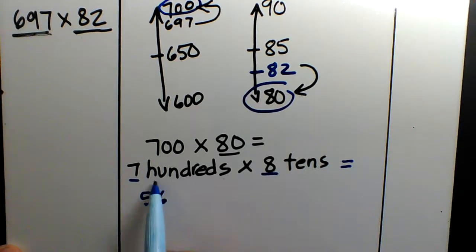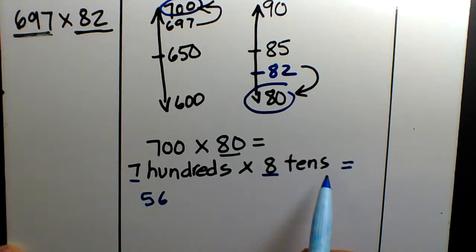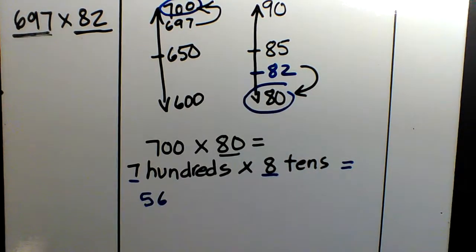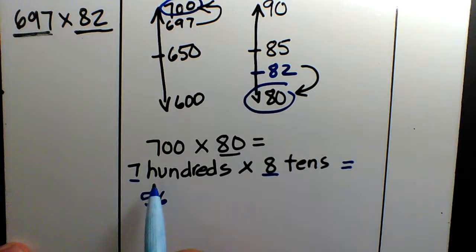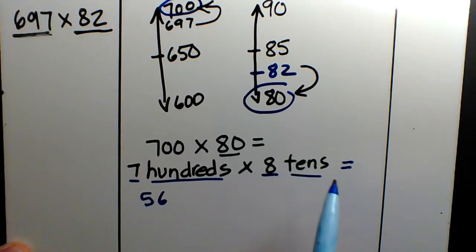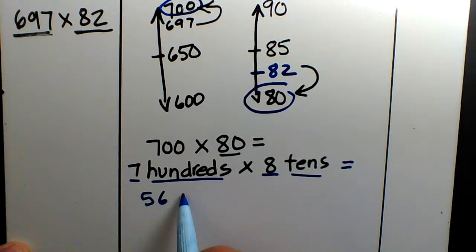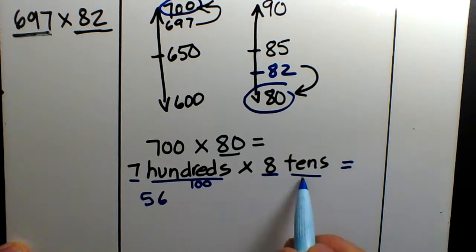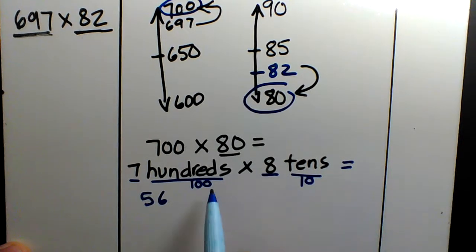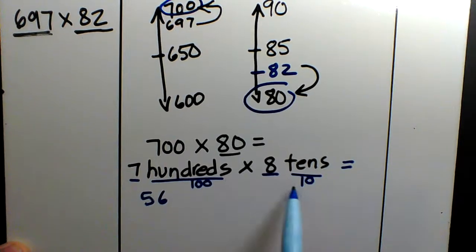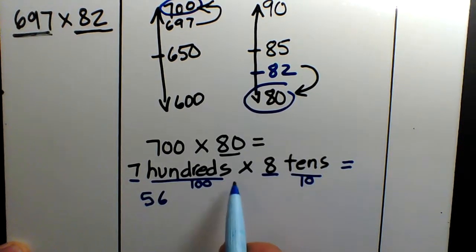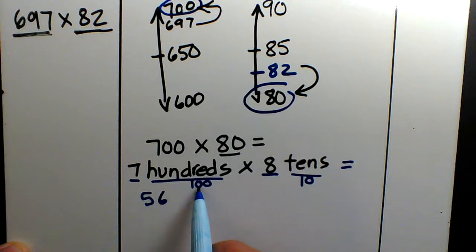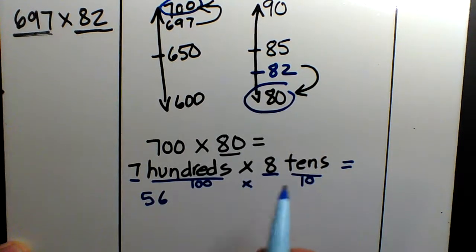Now we got to multiply hundreds and tens. If you remember your place value chart, when you multiply hundreds and tens, the value of this is 100 and the value of this is 10. When you multiply those two numbers, that's going to yield 1000. So 100 times 10 equals 1000.